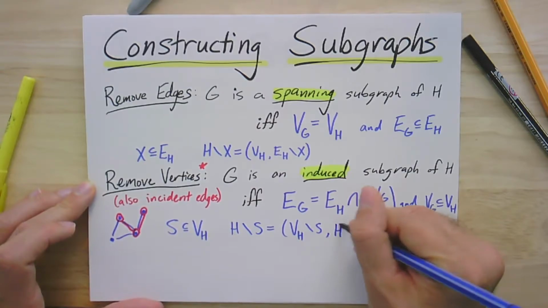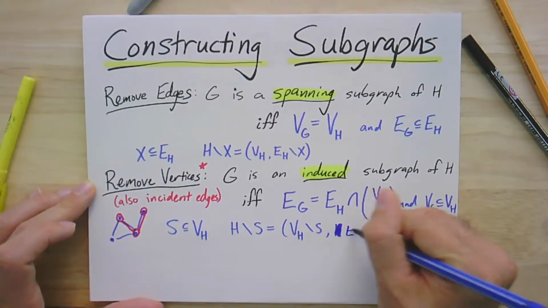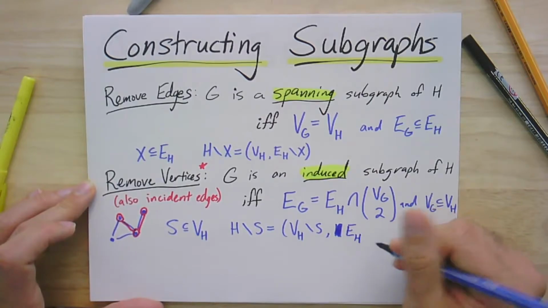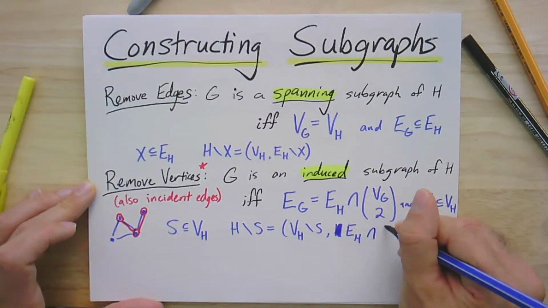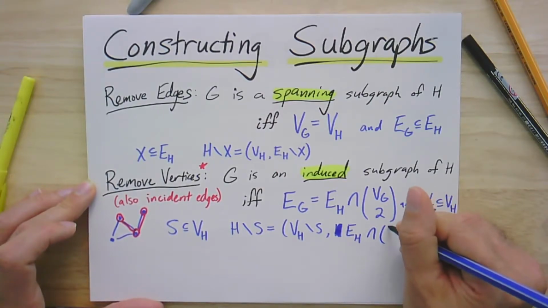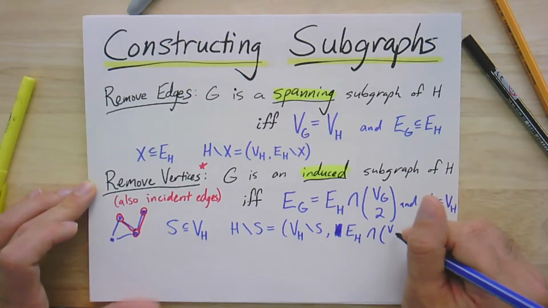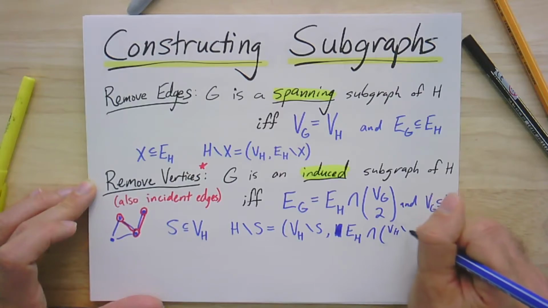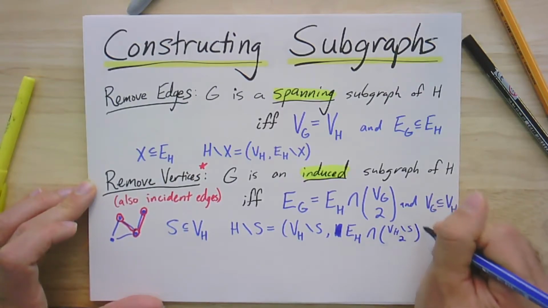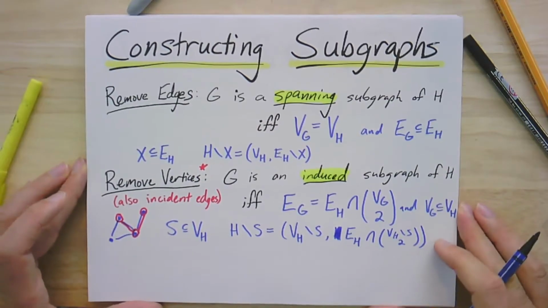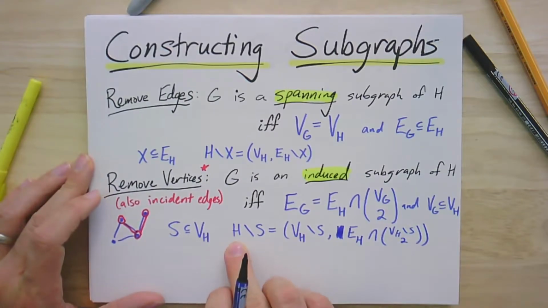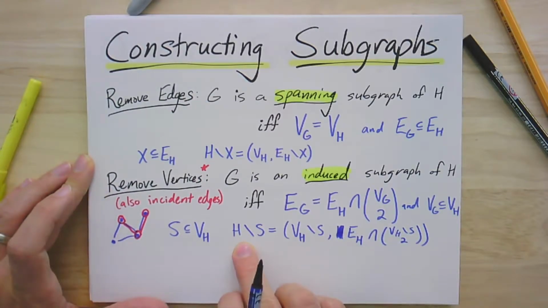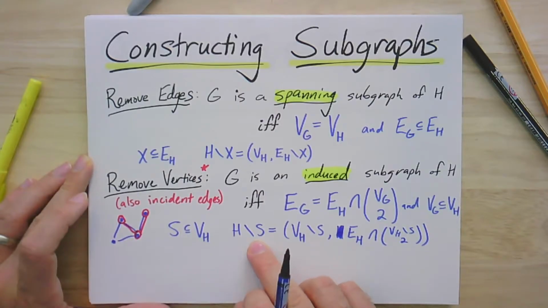So we take everything in H that's still spanned by the vertices that we kept. So this is V(H) minus S, choose 2. So this is the kind of perspective where we think about which vertices we removed.